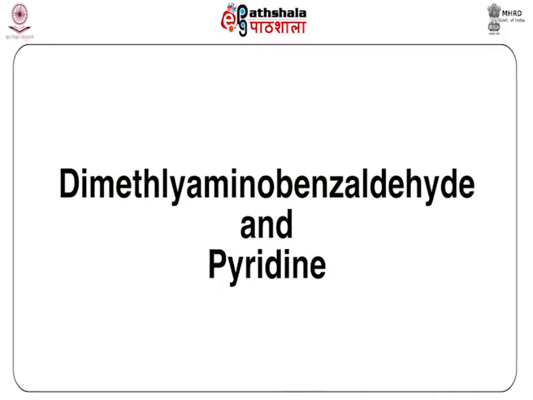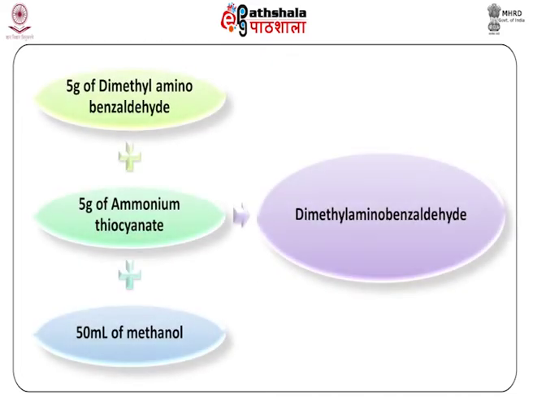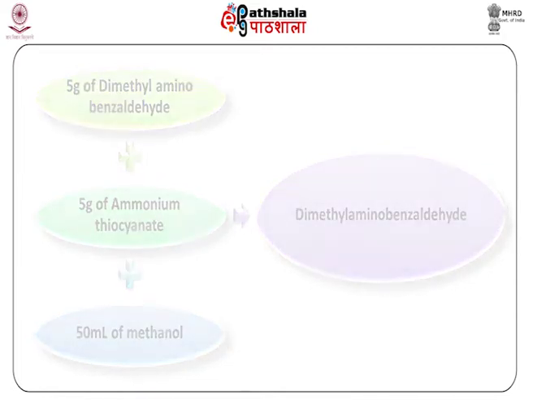Spraying reagents, dimethyl aminobenzaldehyde and pyridine. A. Dimethyl aminobenzaldehyde reagent is prepared by dissolving 5 grams of dimethyl aminobenzaldehyde and 5 grams of ammonium thiocyanate in 50 milliliters of methanol.